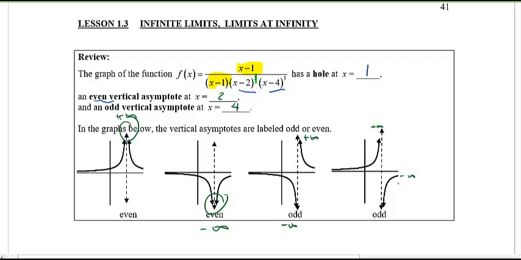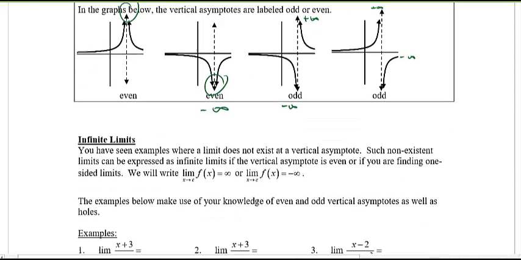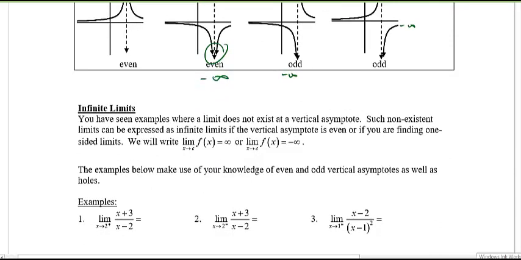So this is going to help us out when we're now going to talk about how to calculate infinite limits, where my y value, okay, so infinite limits means my y value now is either going to be infinity or negative infinity. So we have seen examples where a limit does not exist at a vertical asymptote.